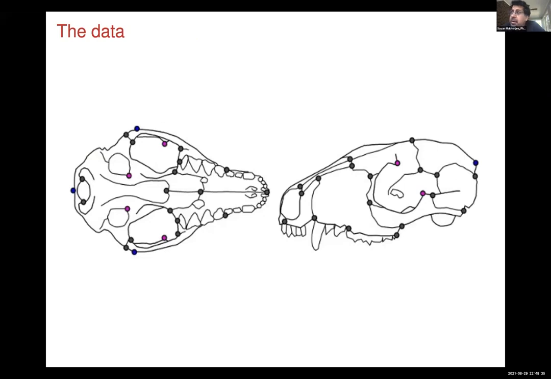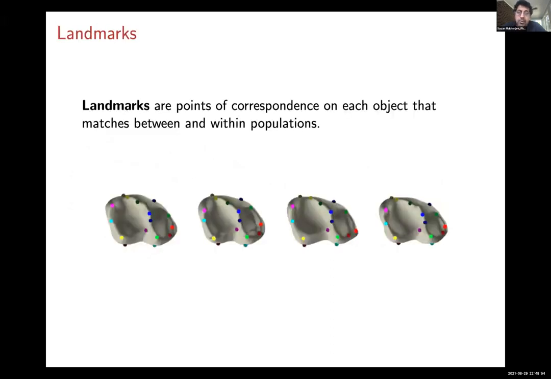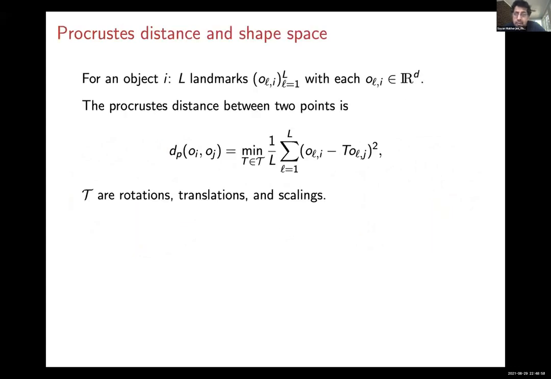So starting back in the day of Kendall, one way people thought about shapes was basically you go to the British Museum, you have artifacts of interest, and you have landmark points on them. And these landmark points are all in registration. And so then what you do is you take these correspondence points and you try to define some distance or matching between them.